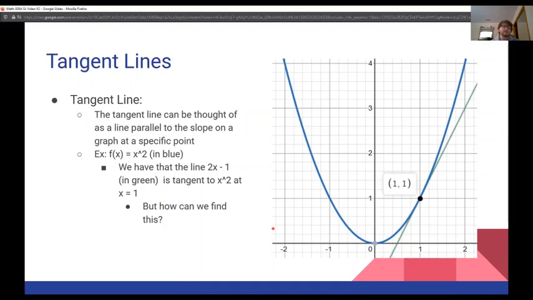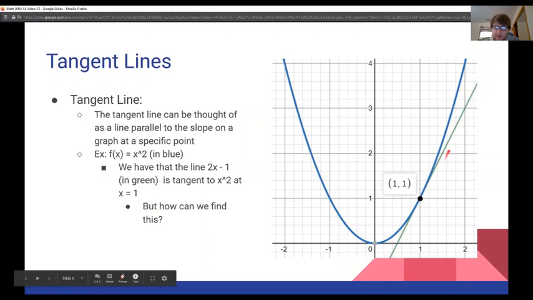So, tangent lines. A tangent line can be thought of as a line parallel to the slope on a graph at a specific point. It's kind of hard to think about right away, but if we're looking at, for example, f of x equals x squared, we want to look at, say, the point x equals 1, and we have this line that's in green.